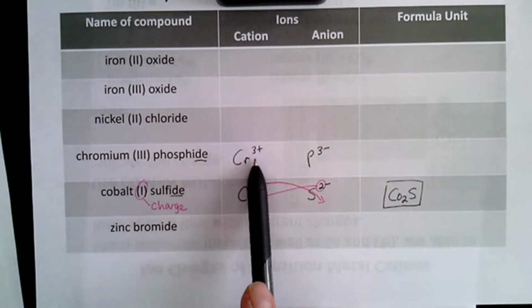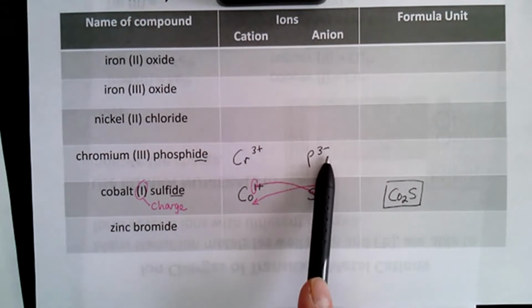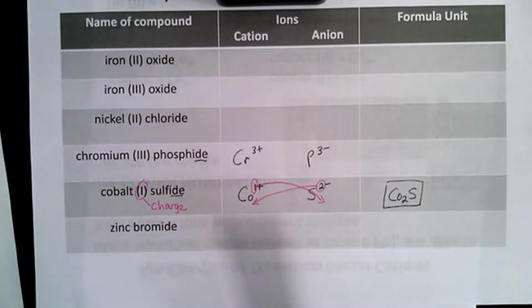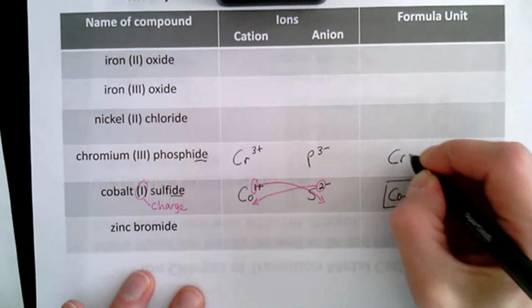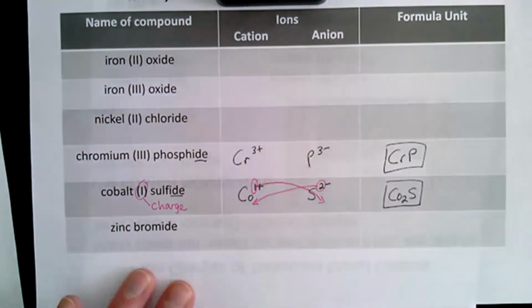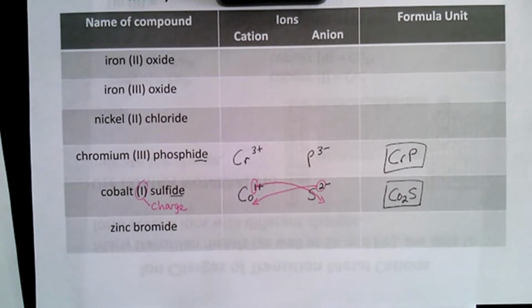Now in this case, the 3+ and the 3-, they cancel each other out. So we do not need to crisscross in this example. We just take our symbols and smush them together for the formula, CrP.